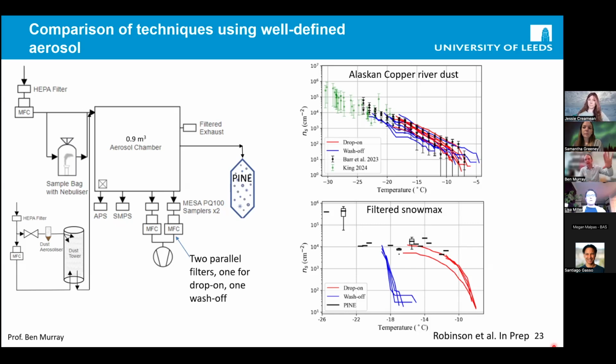So at the small end it's diffusional losses, and at the big end it's impaction, and the two curves come together. So the key is not to let those two things come apart, and then you lose the ones in the middle. But nevertheless, it's the Teflon filter with the drop-on technique where we've got the bigger pore size, so you'd expect the losses to be bigger for the Teflon.